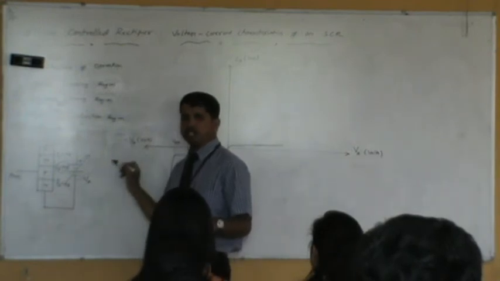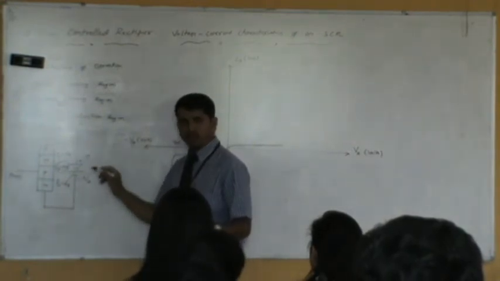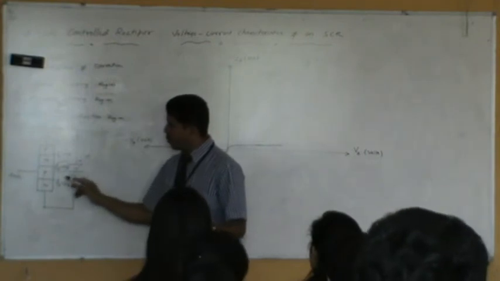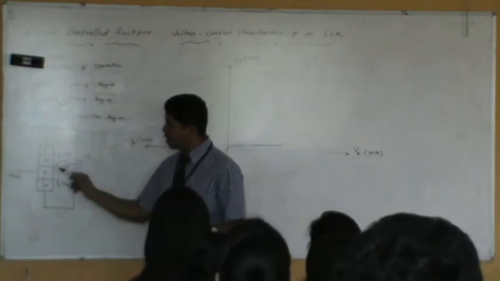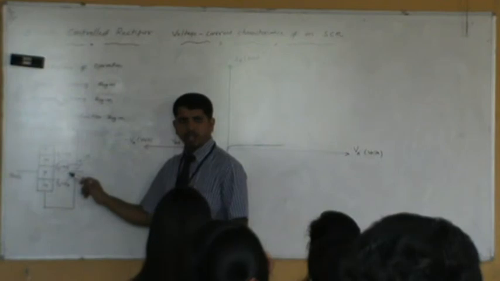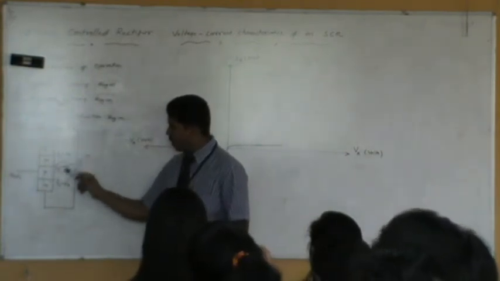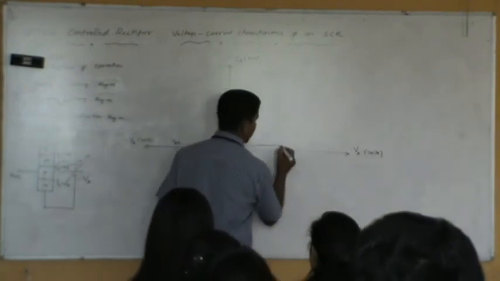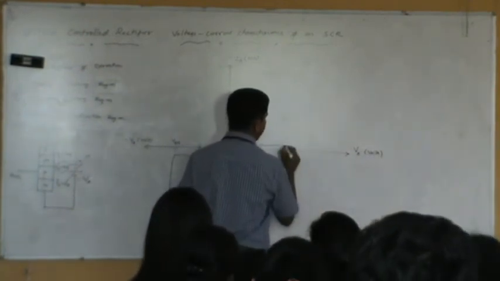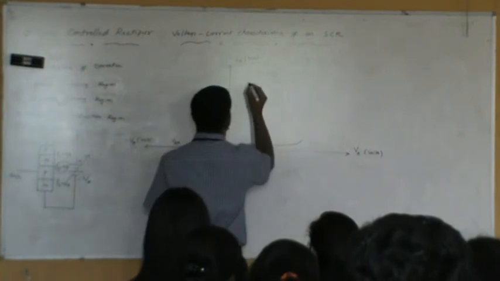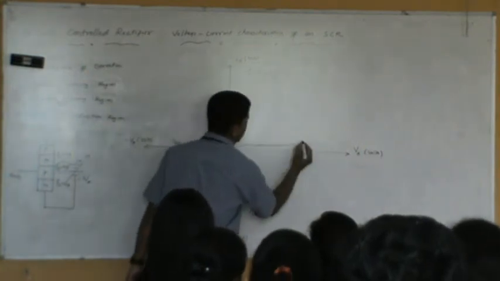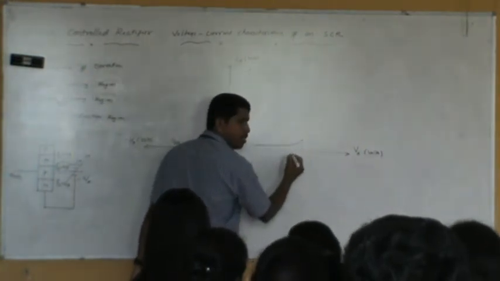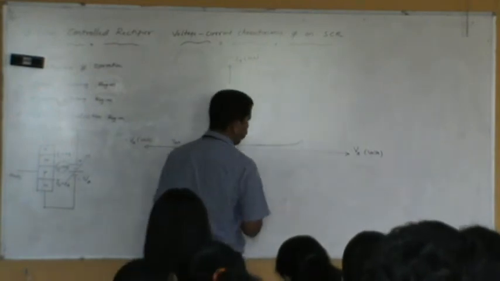I am increasing this voltage slowly, and what will happen is, because of larger VA, this J2 may break down and large current may flow from anode to the cathode. I am showing the situation here. It requires larger VA, and after that, you can see that at this particular point, let me assume the junction has been broken.